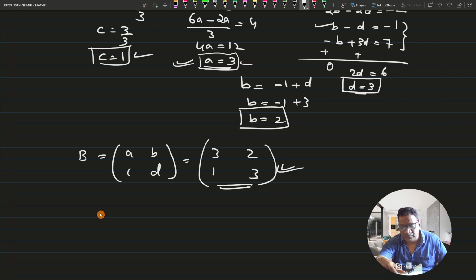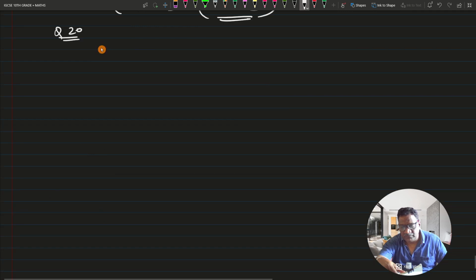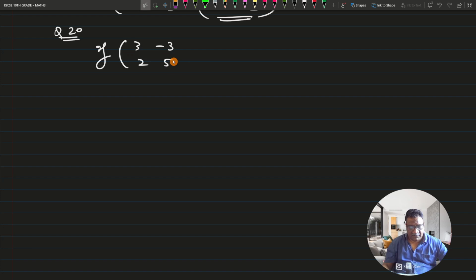And let us do one more question, question number 20. And this question number 20 is saying that if 3 minus 3 and 2 and a 5, minus a x is equal to 1001.